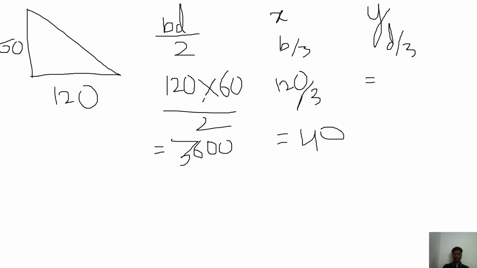Therefore d is given as 60, plus the distance from the x-axis to the base of the triangle, which is 100. Therefore plus 100 is equal to 120.